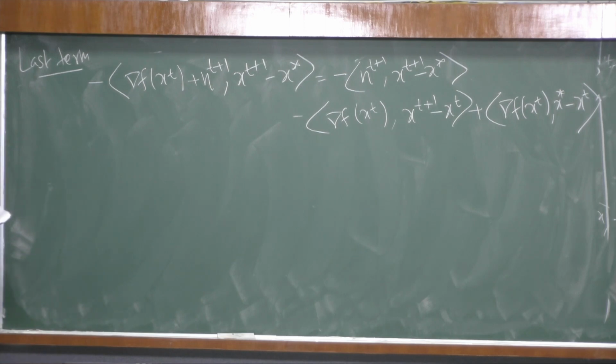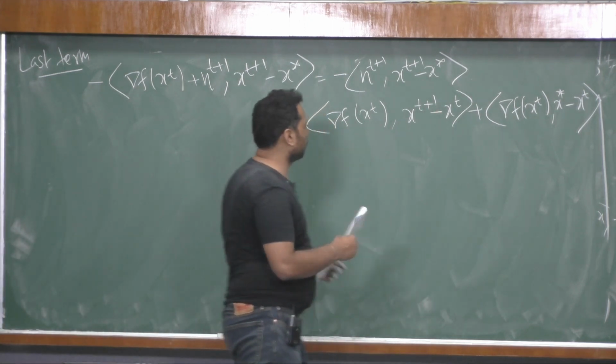So what we have done is that we have just taken this eta_{t+1}, as I said, and put it separately, and then we will now focus on these two terms.